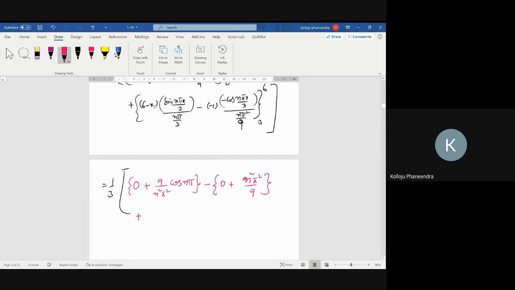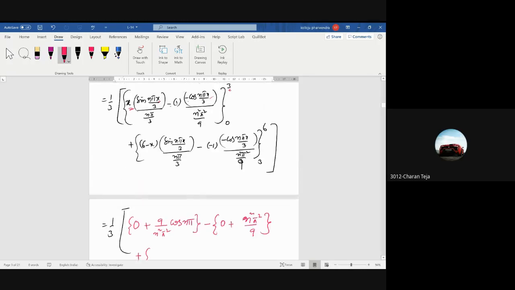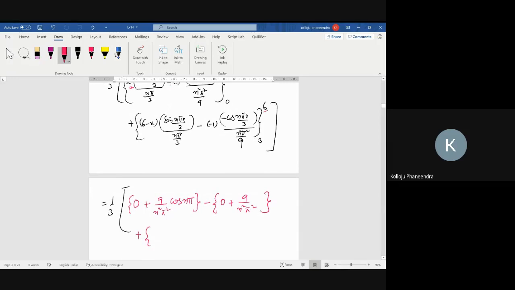Coming to the second one, upper limit. This is 9 by n square pi square. Now coming to the second one, this 6, this upper limit, first one 0.